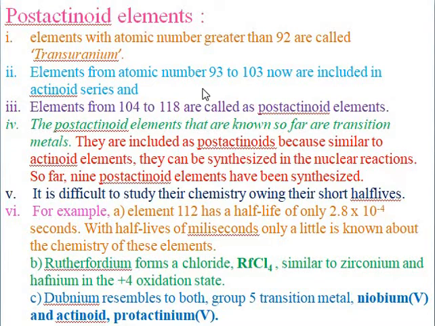The elements from atomic number 93 to 103 are now included in the actinoid series, and these elements are called transuranic elements. They are also called man-made elements, and all of these elements are radioactive. The elements from atomic number 104 to 118 are called post-actinoid elements.